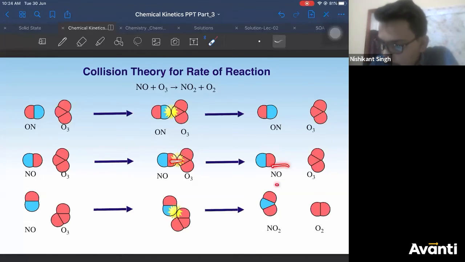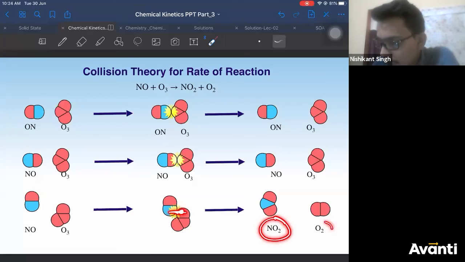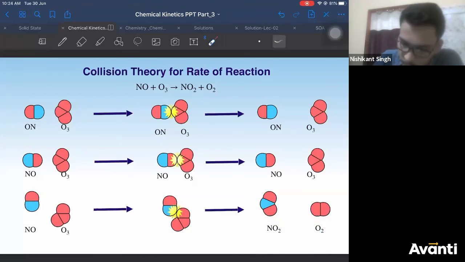They collided, still no reaction. Then in this case, I made the molecule come like this. Now this nitrogen, rather than colliding with this central oxygen, collided with the side oxygen. And now the reaction occurred, you got NO2 and O2. That means this was considered as your proper orientation.